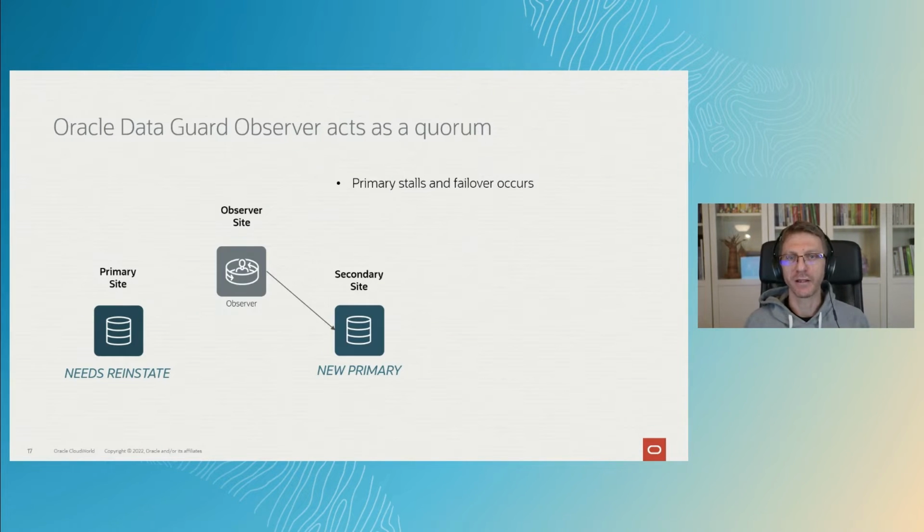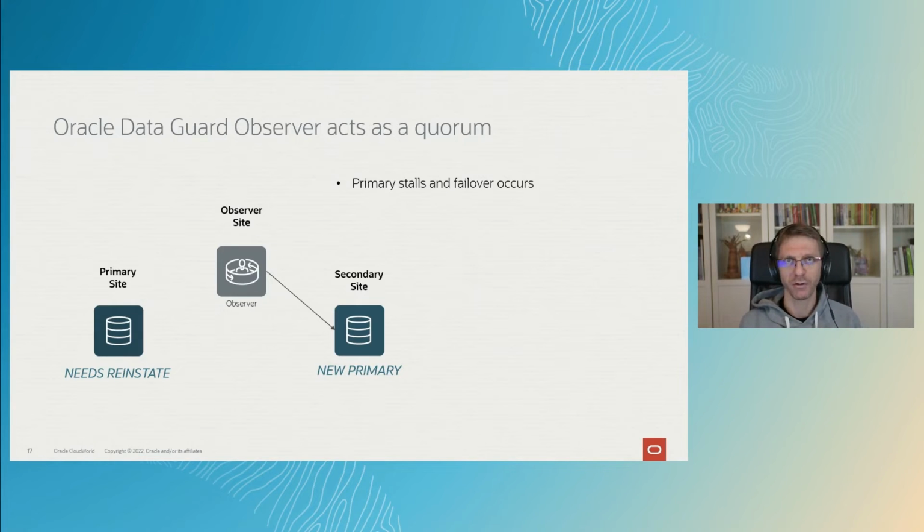But if the primary loses the connectivity with the observer and the secondary site, this is a configuration where the observer will do a failover to the standby site. But what the primary will do at this point is try to keep sending the transaction information to the standby site. But because the standby is not reachable, it will stall and will ask the observer for permission to keep writing.